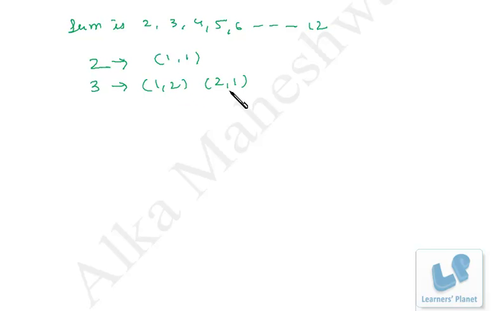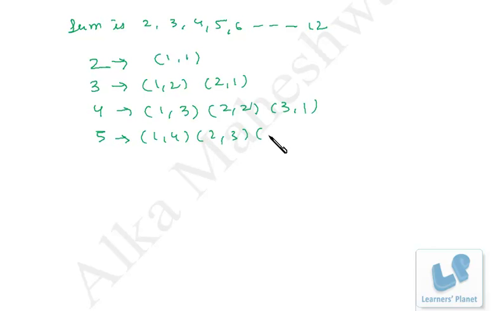So there are two ways of making the sum of digits as 3, right? Similarly 4, it's 1, 3, 2, 2, 3, 1, right? Similarly 5, that's 1, 4, 2, 3, 3, 2, 4, 1, right?